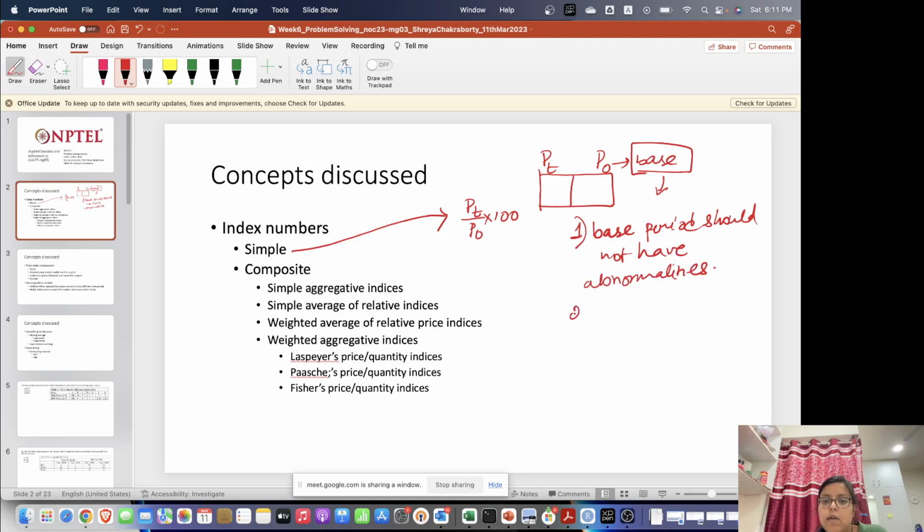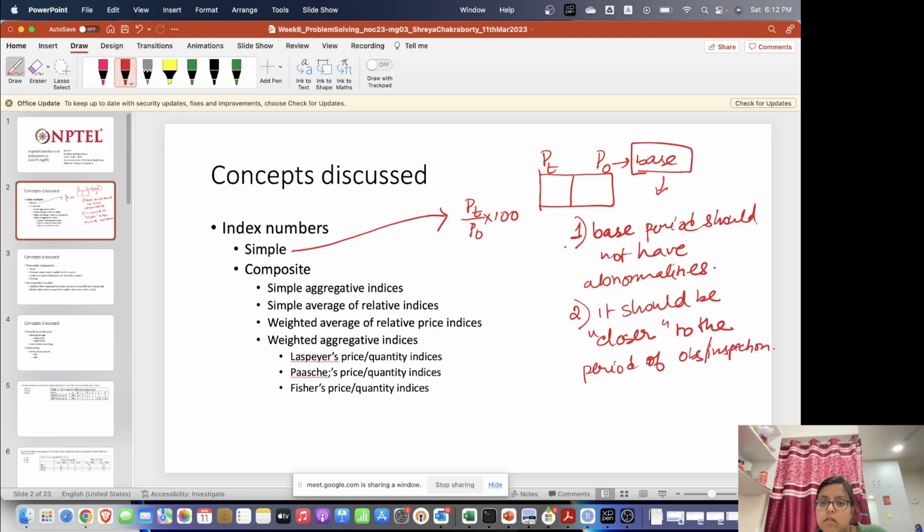And the second one was that it should be closer to the period of observation or inspection, you can call it.